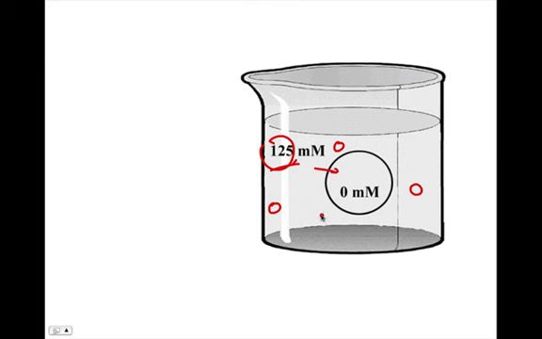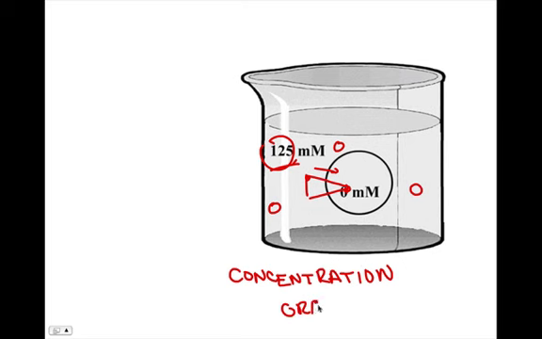The concentration on the outside is 125 millimolar, and there's what's called a concentration gradient. So going from the outside to the inside, we go from a high concentration to a low concentration, and biologists call that a concentration gradient. Gradient kind of like a hill. And the salt would like to flow downhill. It would like to diffuse into the cell because there's a higher concentration outside than inside.